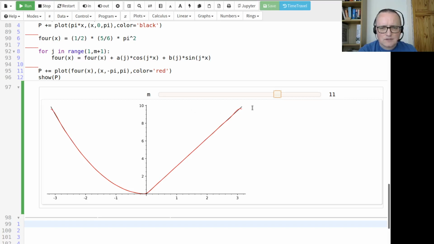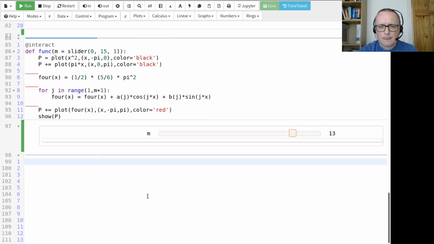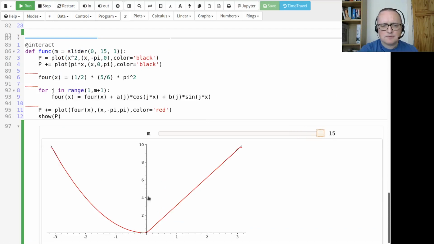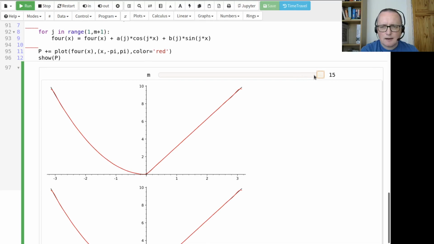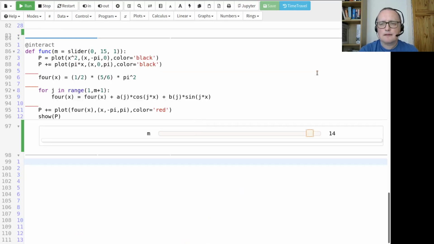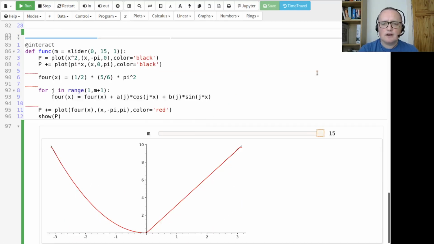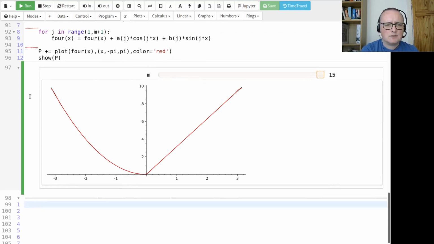So at the endpoints of the interval, and around 0 as well, although you can't really see it very clearly, there's still a bit of discrepancy. But by the time you get up to the maximum possible value we've allowed here of 15, you've got very good agreement between the Fourier series in red and the original function f.